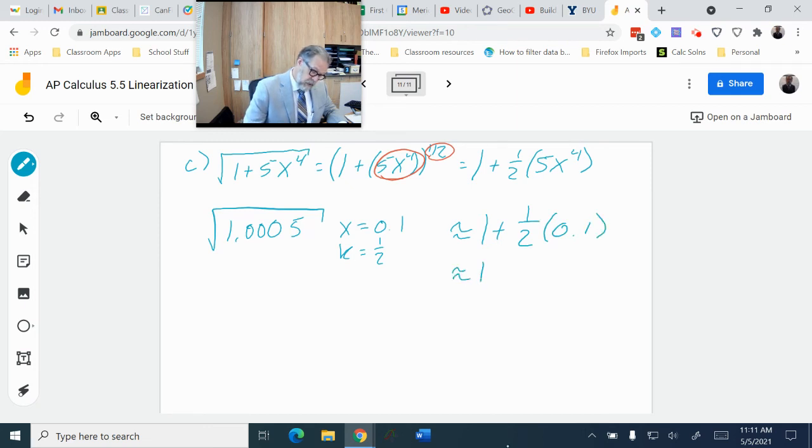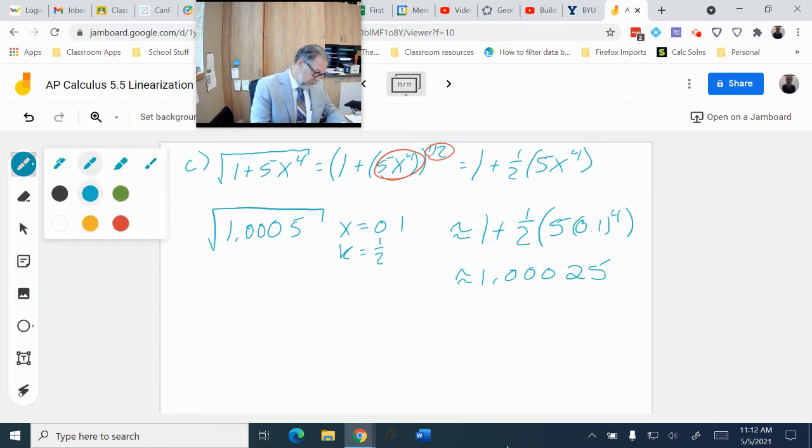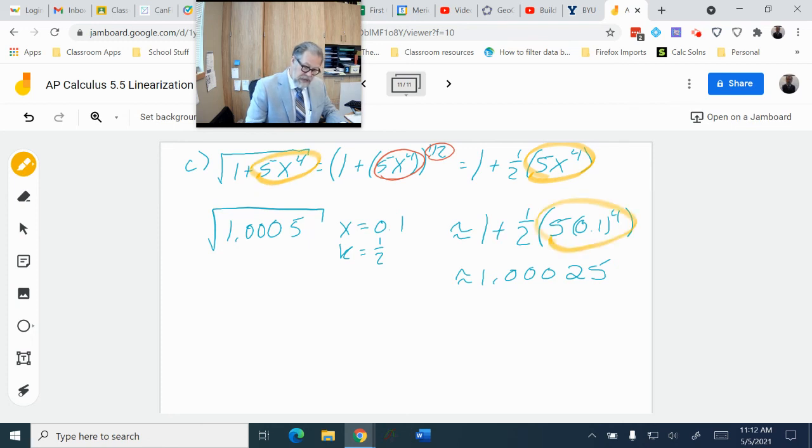And so this is approximately 1.05. Oh, wow, I completely messed that one up. Okay, starting that over again. 1 plus k times 5x to the 4th, which is actually 1.00025. I did the same thing I was about to warn you against, which is making sure that this has to be the something, not just x.